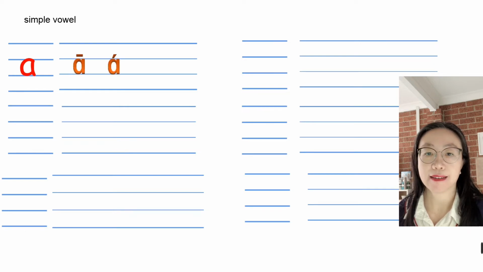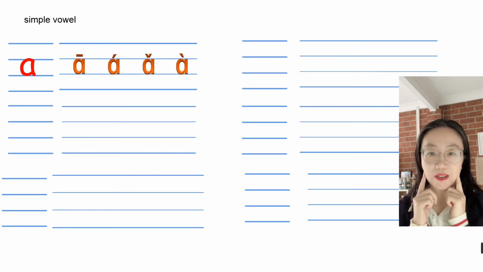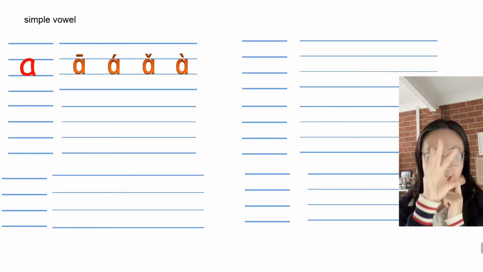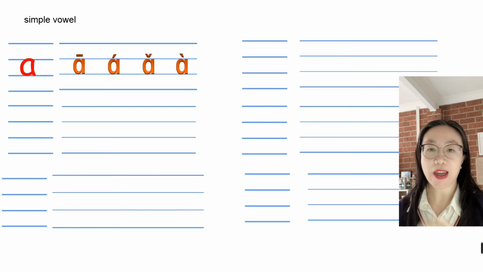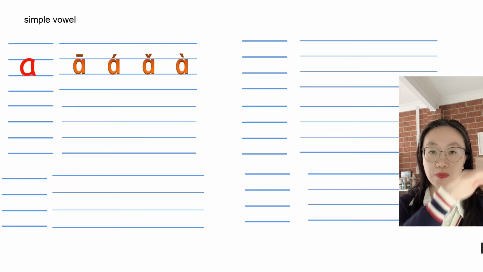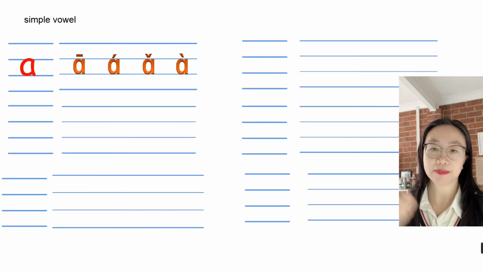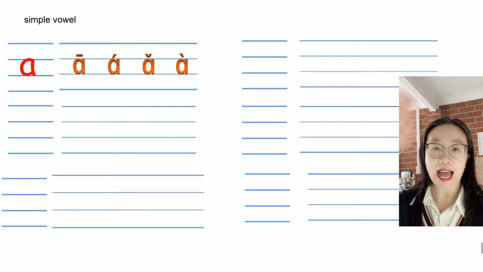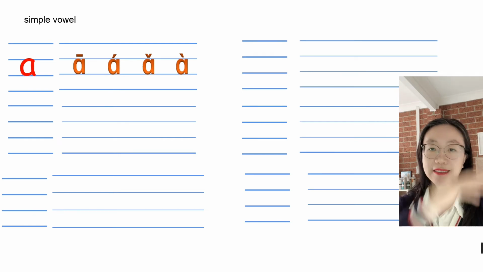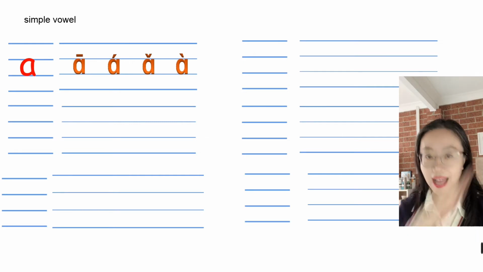Ah, ah, ah. Okay, you can use your hand or your head to help you remember the different tones. For example, 一声 ah, 二声 ah, 三声 ah, 四声 ah.